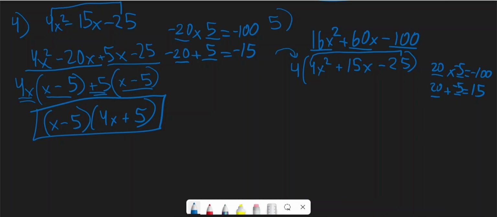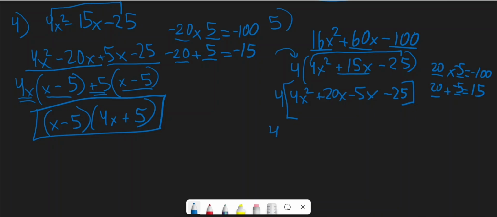And we can break up the BX term the same way that we did before. So I'll put a bracket here so we can tell what the difference is between our parentheses and our brackets. So the first term comes down as is, and the 15x breaks up into 20x minus 5x. Then bring down as is your C term, which is a negative 25.